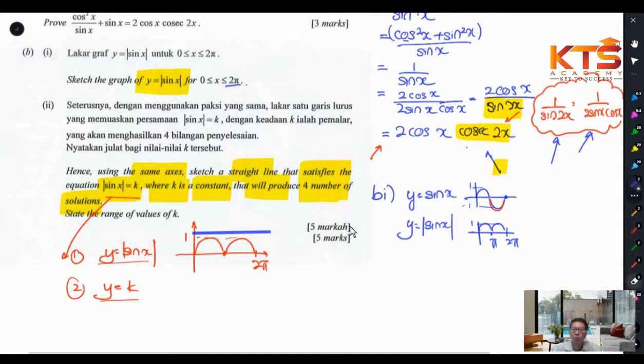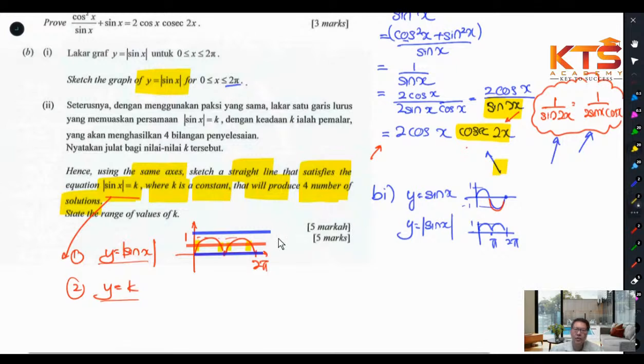If I put y equals 0, I will have 3 solutions. Where should I put it? I think I will put it here. Let's see how many do I have: 1, 2, 3, 4. Yes.